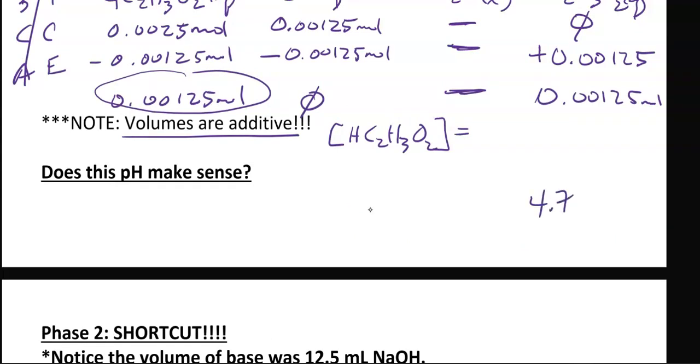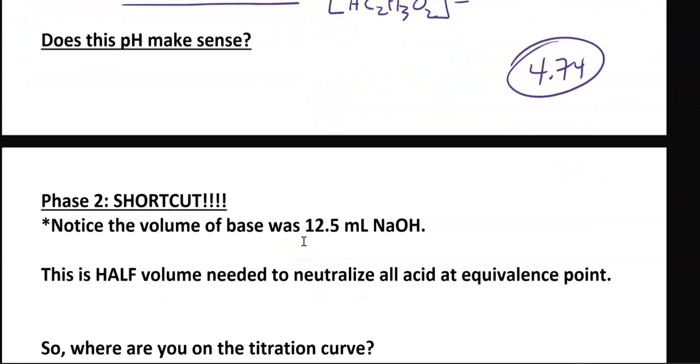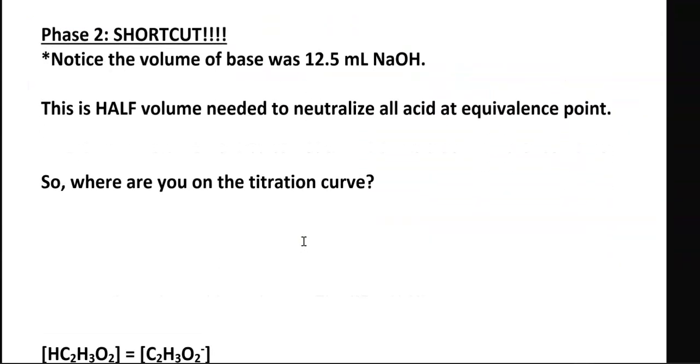Okay. So it is still in the acid range because we have leftover weak acid that hasn't reacted, but it's clearly higher than what we started with. So that's reasonable because some of the weak acid has reacted.